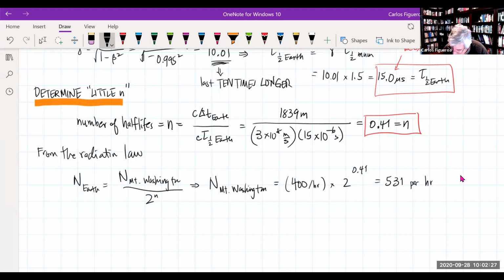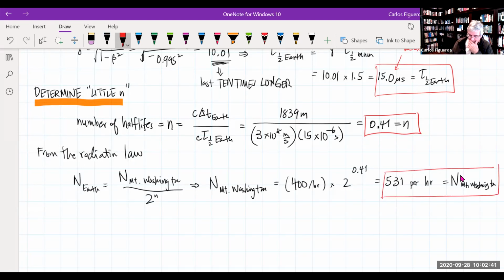And that gives me the number for Mount Washington. Okay. Any questions on this?